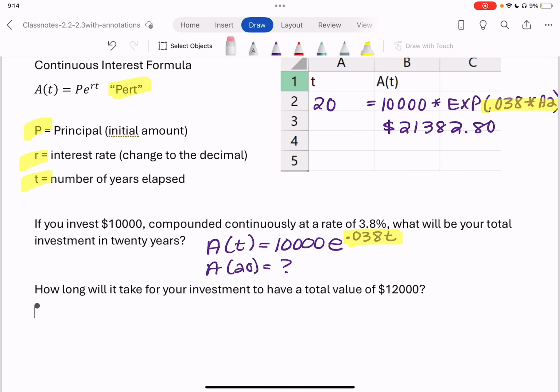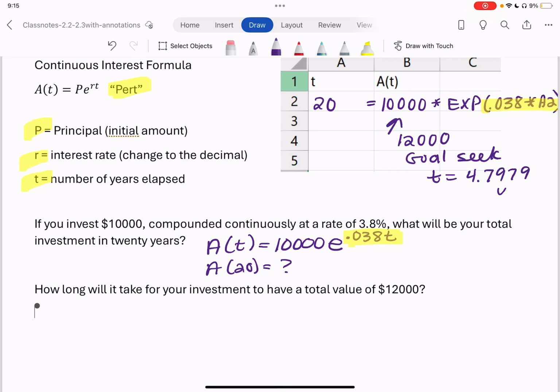So in that case, what you're going to do is drop that 12,000 in that box where you have that formula, and you're going to goal seek, and you'll find your T value. So 4.7979, and that will be years. Okay, once again, that's a lot faster than us solving it by hand.